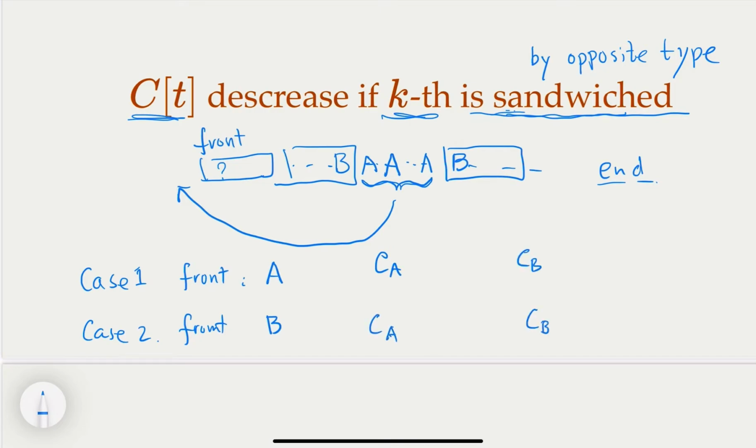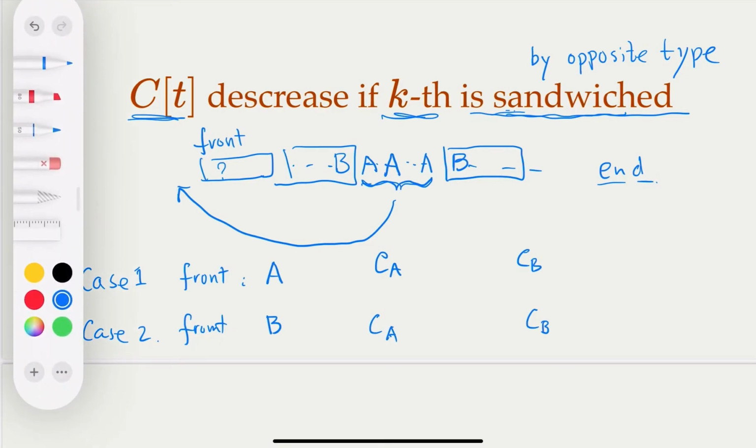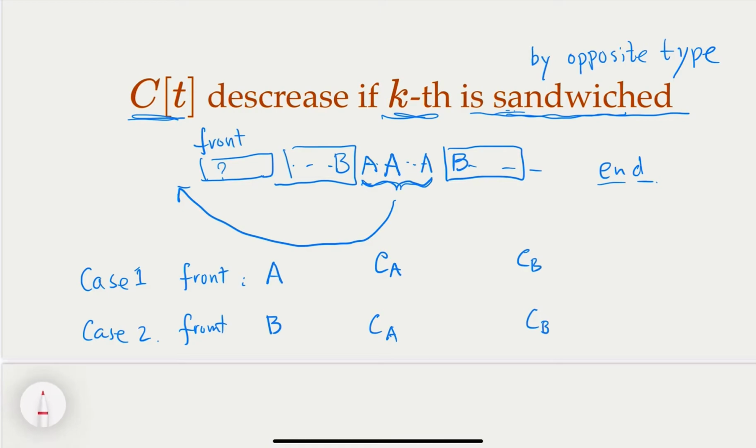Here, because you moved, let's use a different color. You move this chain out, which means you're connecting B. So the number of chains for B would decrease because of that move, and this is true in both cases.